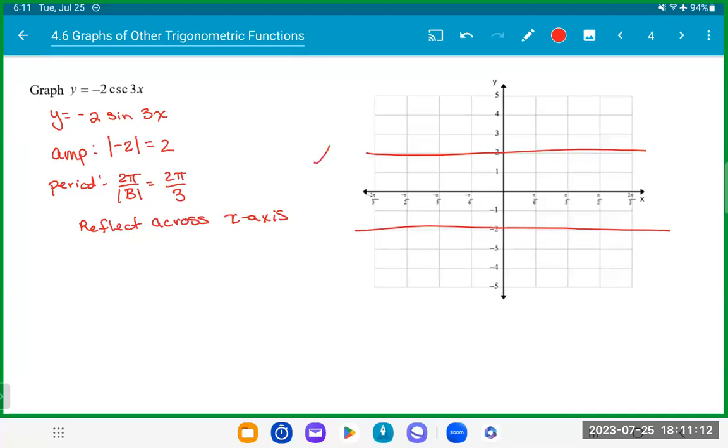So instead of starting going up, we're going to start at 0 and go down, okay? And then we have that 3x has intercepts at even multiples of pi over 3, okay? So we can divide it into equal parts.